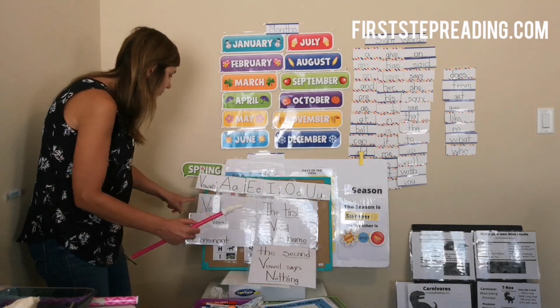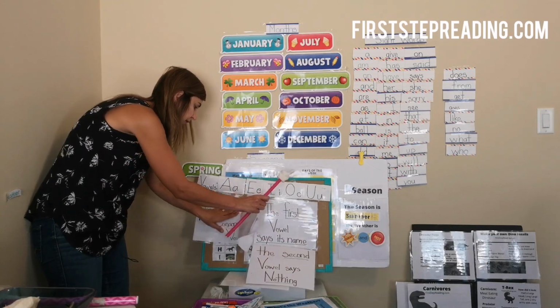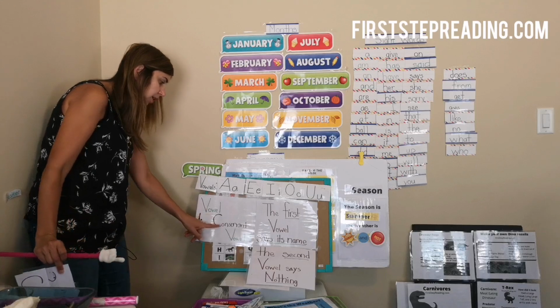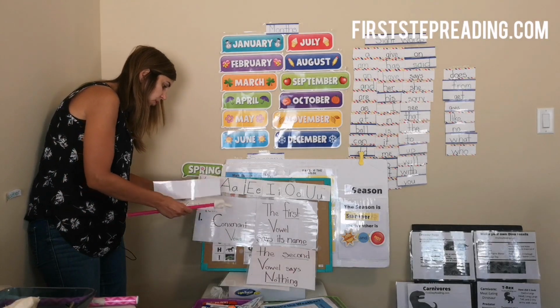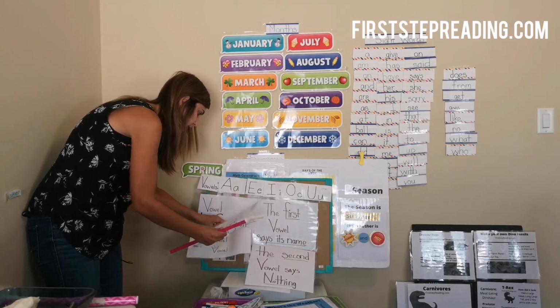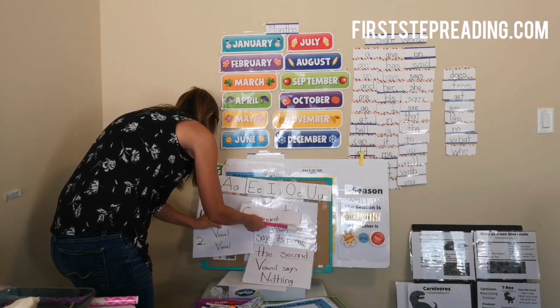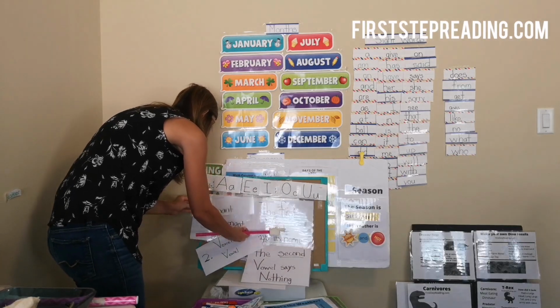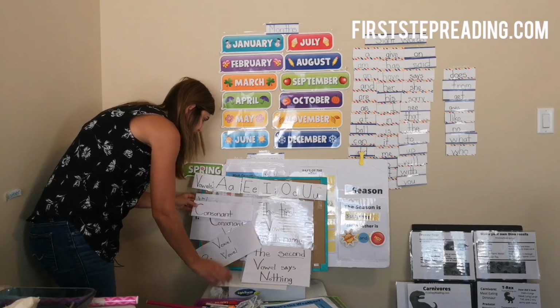These 5 letters are our vowels. If you see vowel, vowel, consonant, vowel, consonant, vowel, or consonant, vowel, vowel, it is a long vowel word.